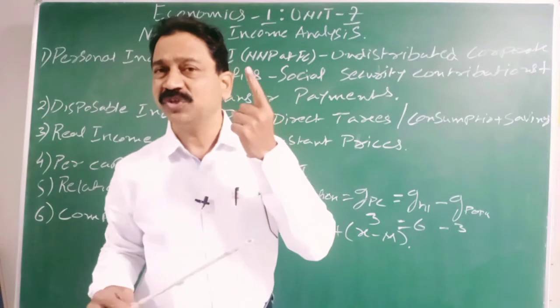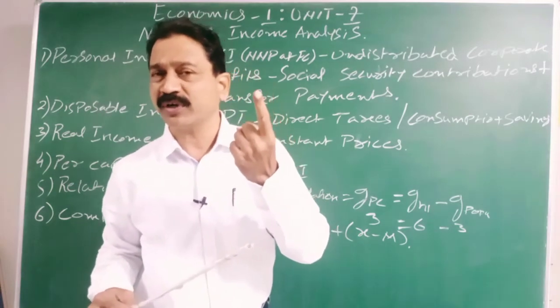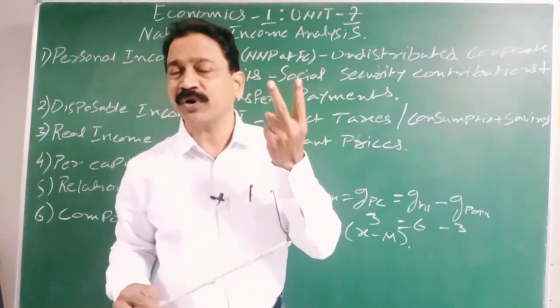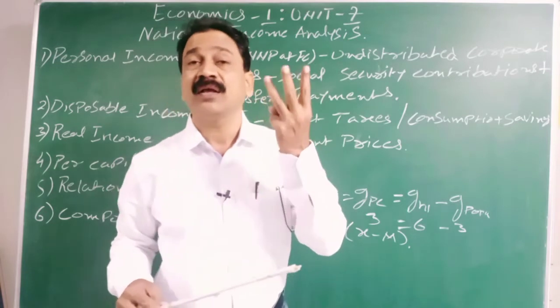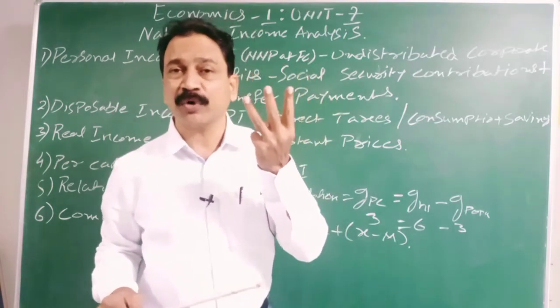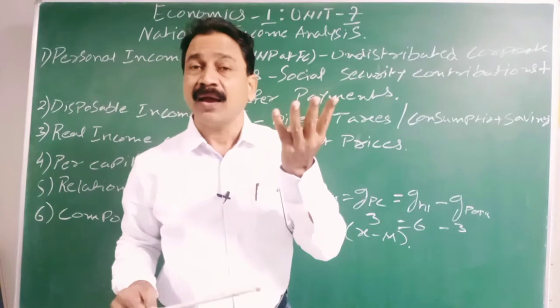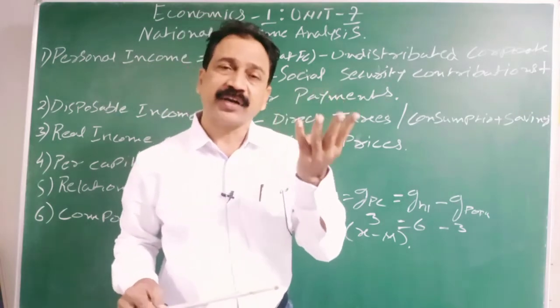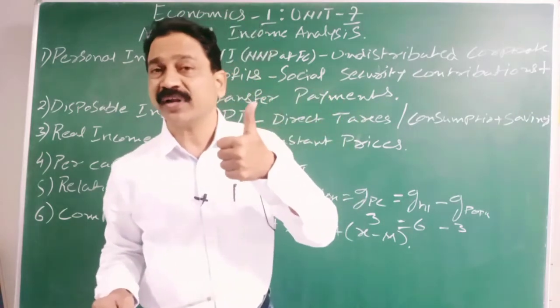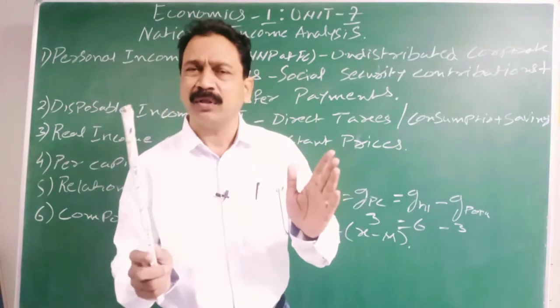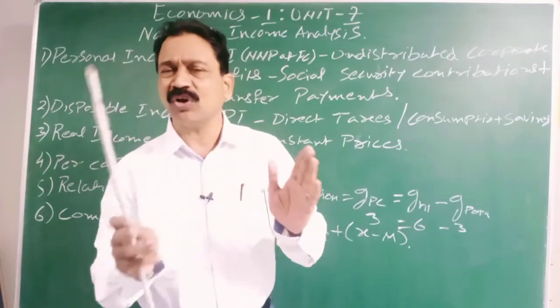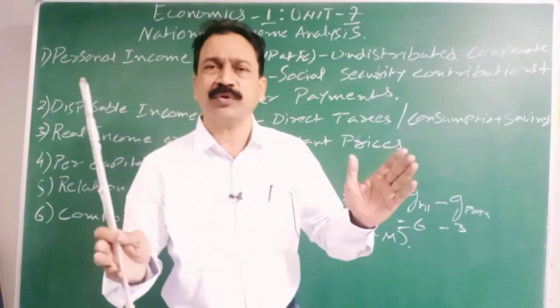We have seen 5 of them yesterday: GNP at market prices, GNP at factor cost, GDP, gross domestic product, NNP at market prices, and NNP at factor cost. It's very simple. If you understand the simplest logic, it becomes so simple for you.